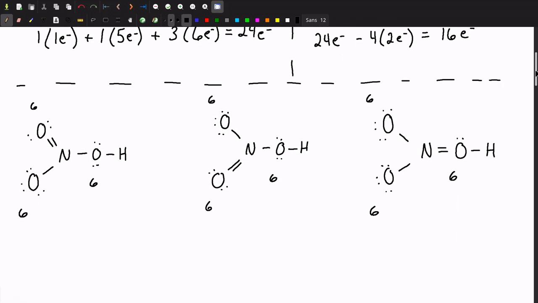We're going to give a 5 to all of the nitrogens, and we're going to give a 1 to all of the hydrogens. And then we're going to subtract our count. Now our count's different. We're going to give a 1 to each one of the dots and a 1 to each one of the bonds, not 2 to the bonds like we do for the octet.